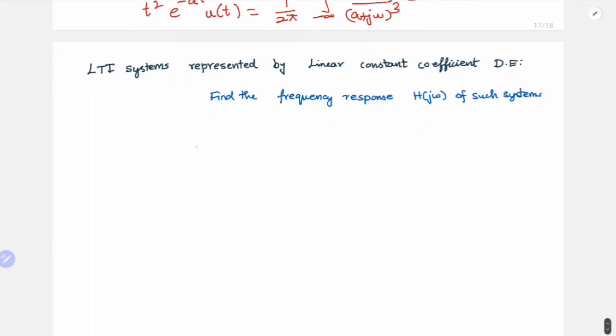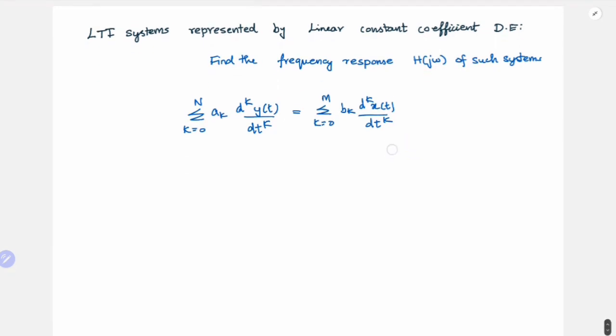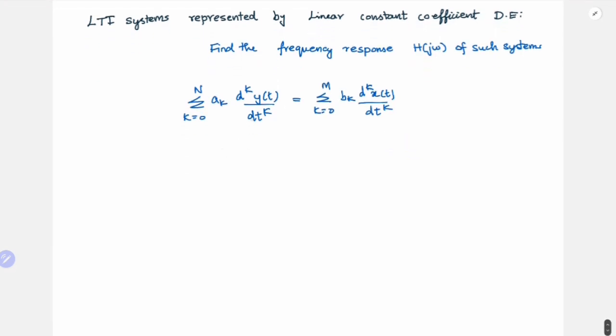So these systems are usually of this form: summation k equal to 0 to n, a_k d^k y(t) by dt^k, right? And on the right hand side we have summation k equal to 0 to m, b_k d^k x(t) by dt^k, right? They are usually of this form, and we know this translates to the Fourier transform, and we want to find H of j omega of this.